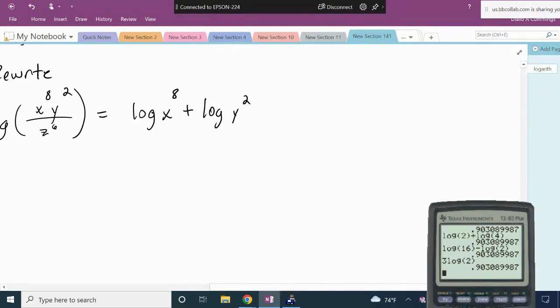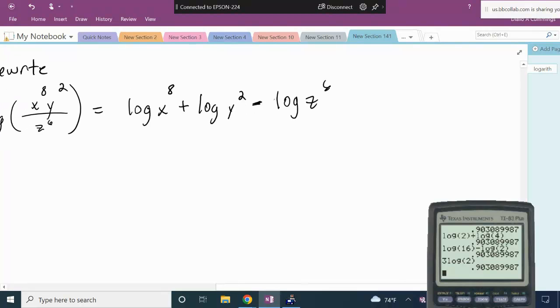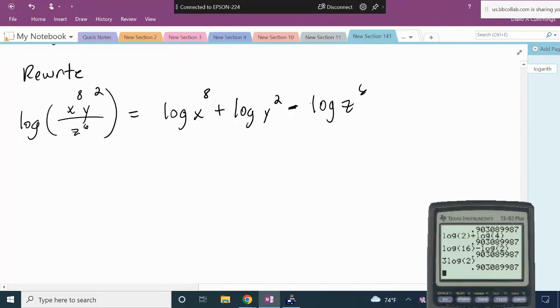Because I can rewrite that product as a sum minus the log of z to the 6th power. Right? So if you're dealing with a fractional bar, anything in the numerator is a plus, anything in the denominator is a minus. Okay. So I've used the product and the sum rule.